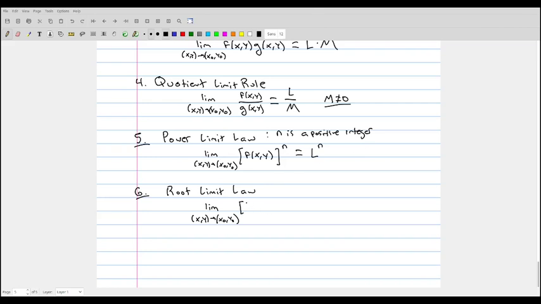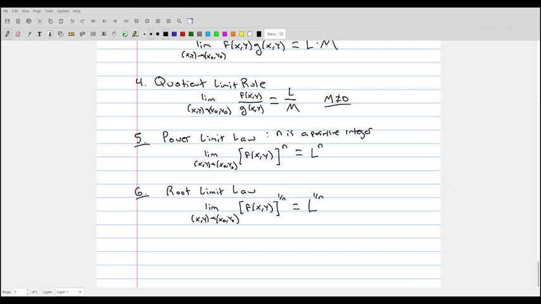The limit as (x, y) goes to the point (x naught, y naught) of f(x, y) to the nth root, to the power 1 over n, is equal to L to the 1 over n.